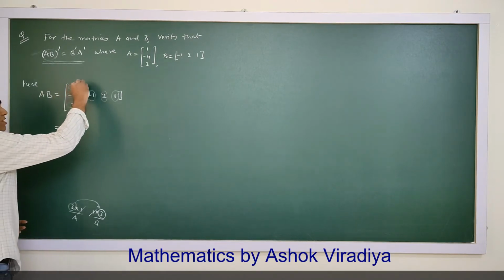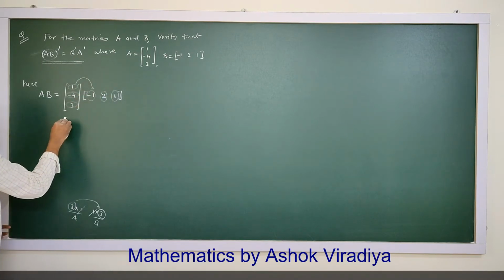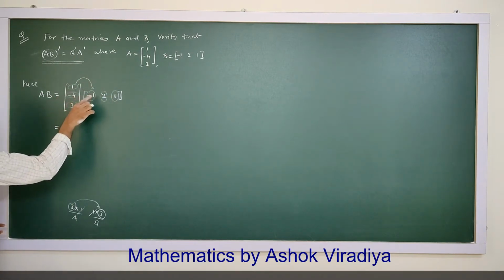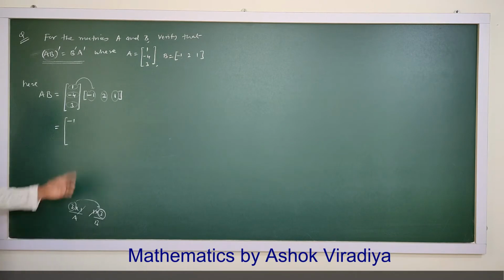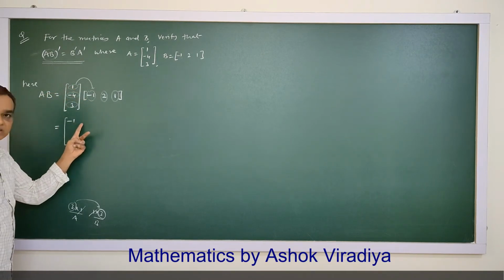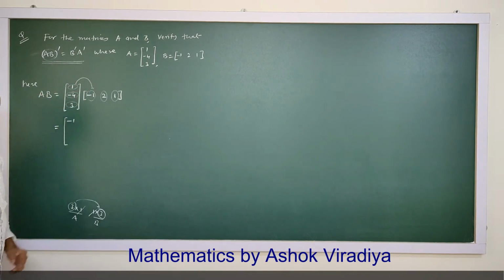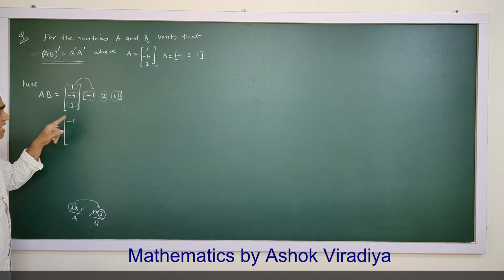Then we take the first row in the first matrix and multiply with the first column. 1 into minus 1 is minus 1. One element, one element. If there are two elements here, there will be two elements there. Then we take the sum of products. If there are three elements, then there will be three elements. So we take the sum of three products, but here only one, so this is itself the product.